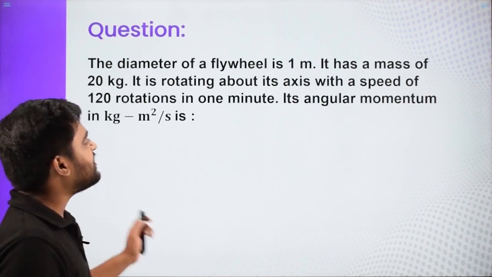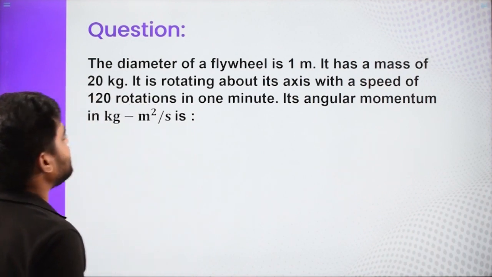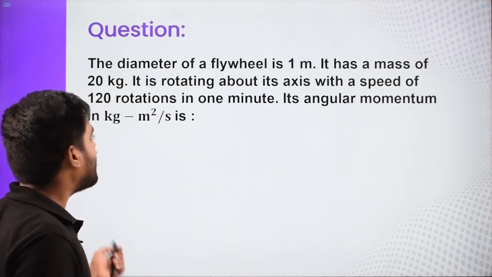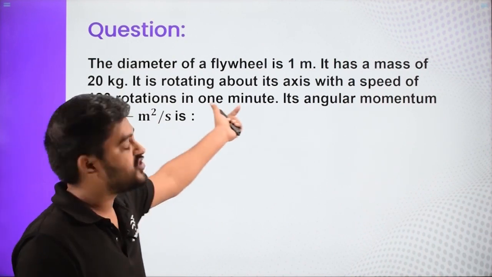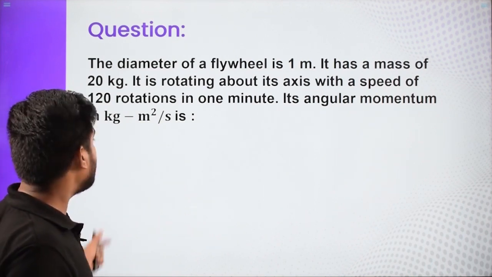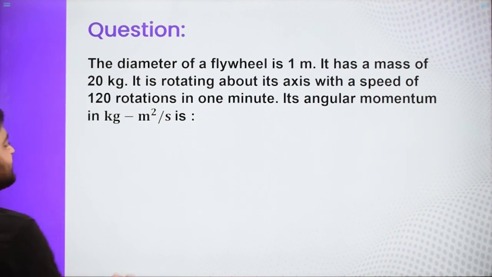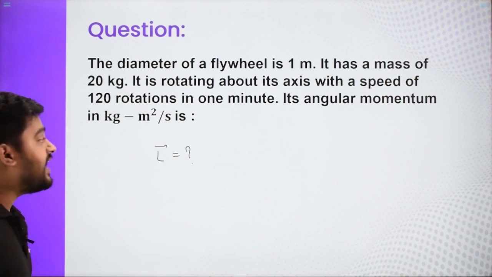The next question says that the diameter of a flywheel is 1 meter. It has a mass of 20 kg and it is rotating about its axis with a speed of 120 rotations in 1 minute. So again omega has been given. The angular momentum in kg meter square per second is, so they are asking for L vector.